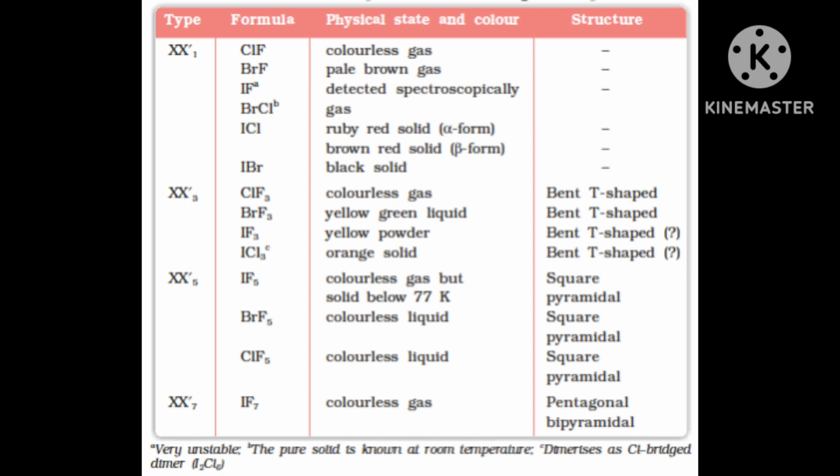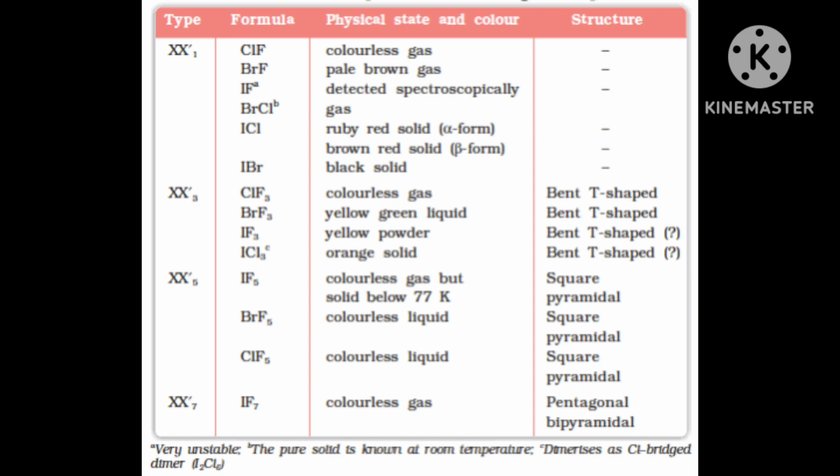First type, I told you different types: XX', XX'3, XX'5, XX'7. Now you know that the halogen members are fluorine, chlorine, bromine, iodine.